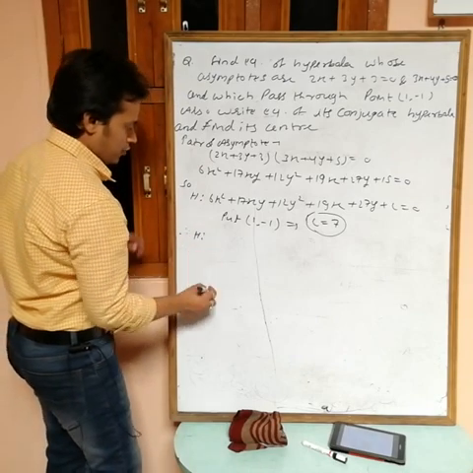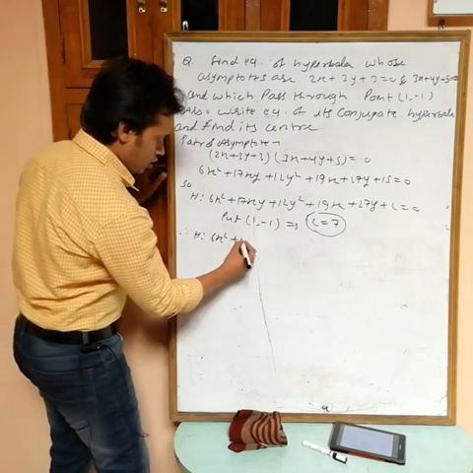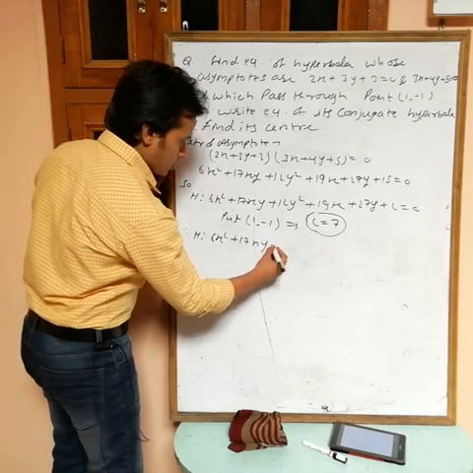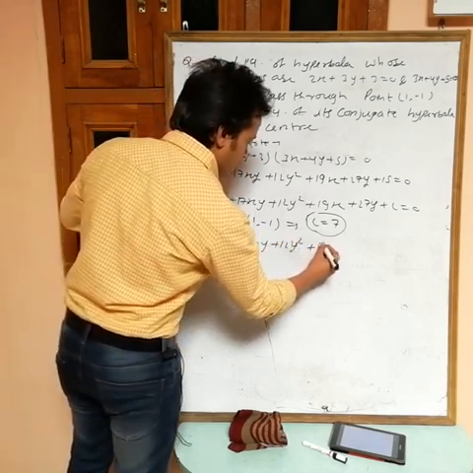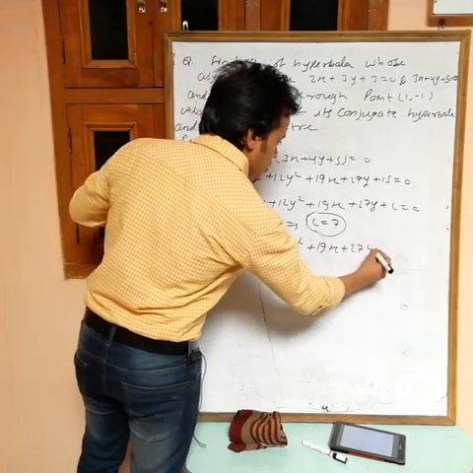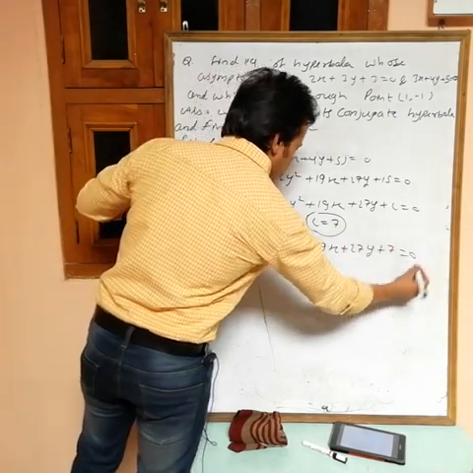Therefore the hyperbola is 6x square plus 17xy plus 12y square plus 19x plus 27y plus 7 equals 0.